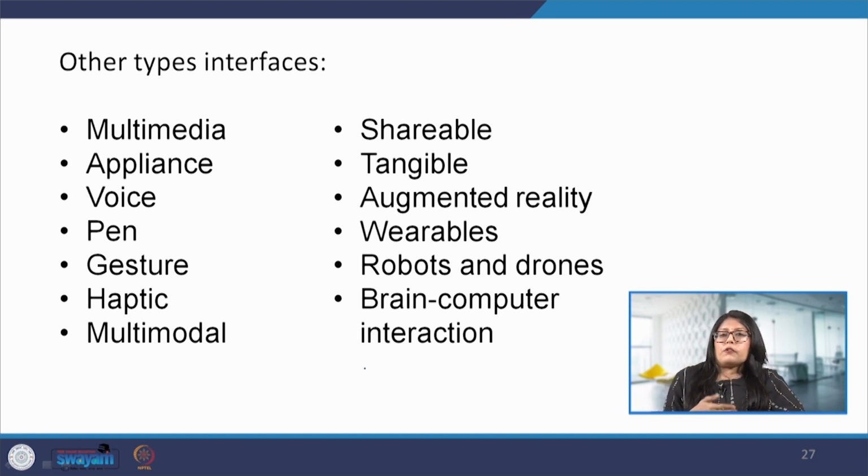For example, Figma is one such shareable software where several people can work on the same file at the same time. We will see some examples from Figma in the upcoming lectures. And then we have wearables, robots and drones, and augmented reality. All of these other types of interfaces are also here.